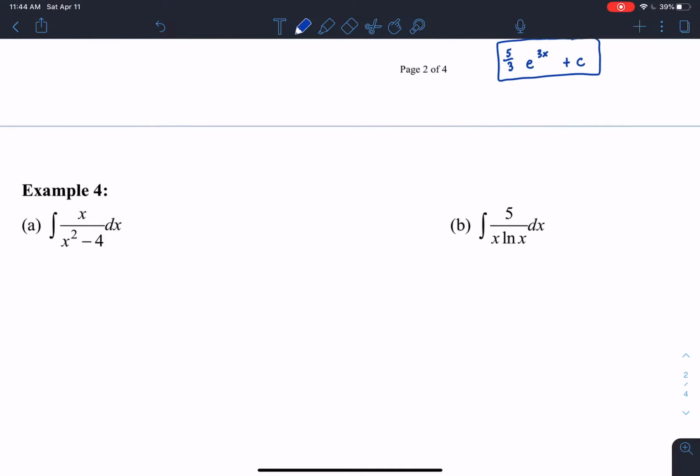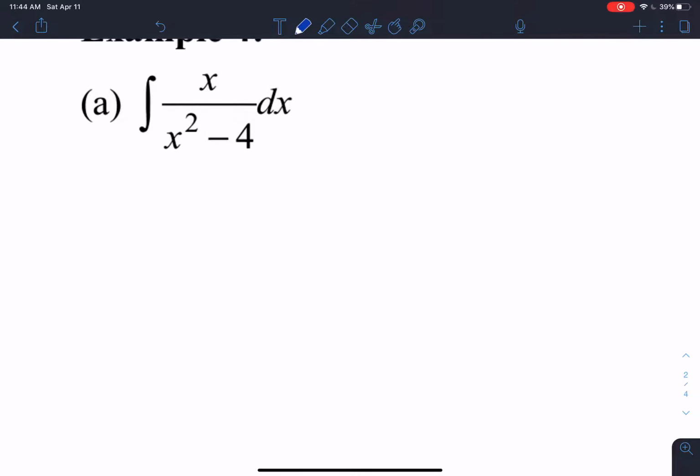All right, so for number 4, we're going to be rewriting. I have x times x squared minus 4 to the negative first dx, because x squared minus 4 is in the denominator.